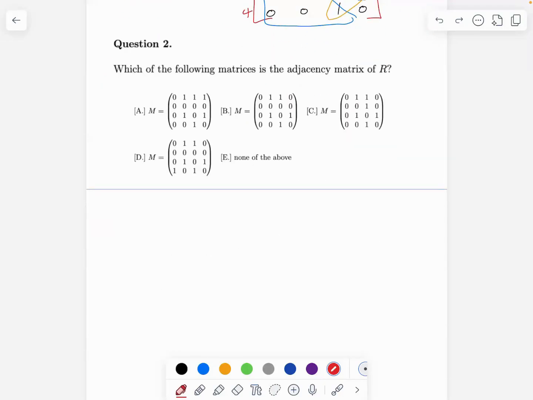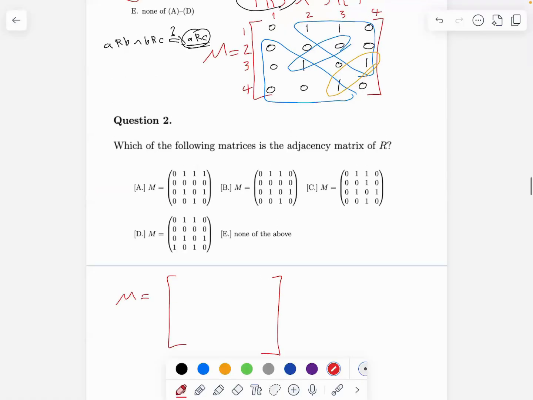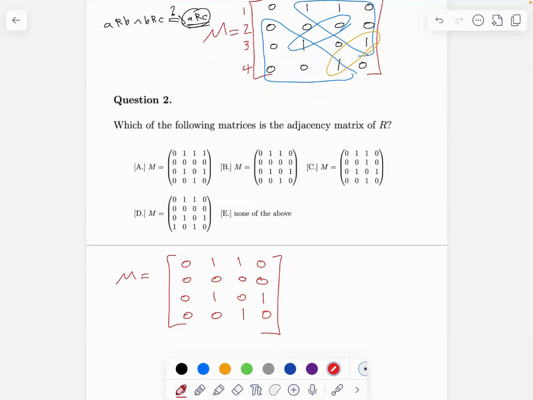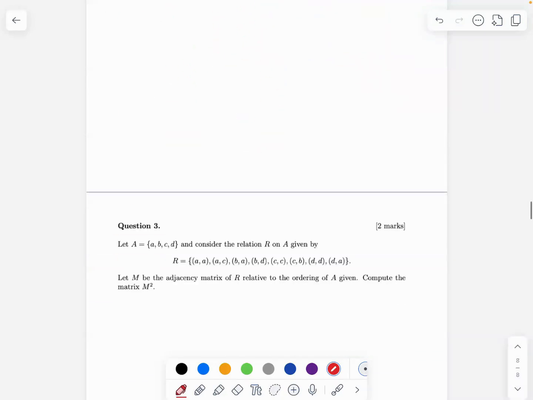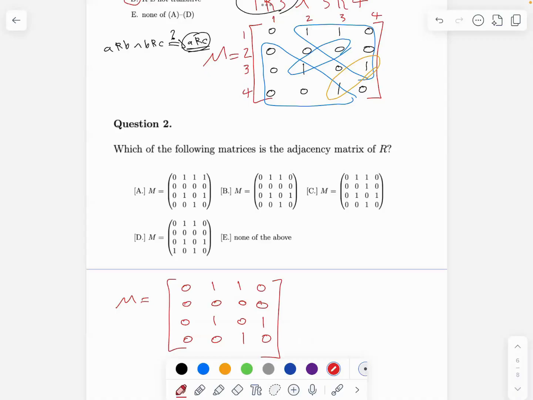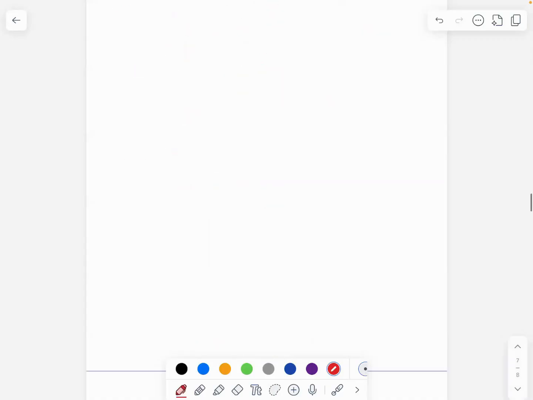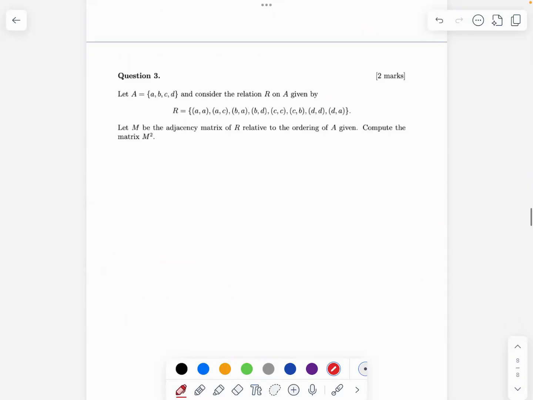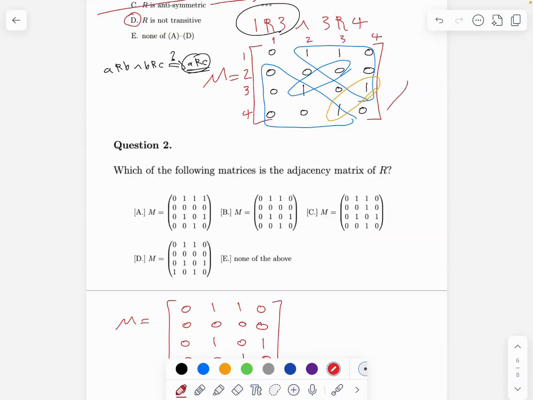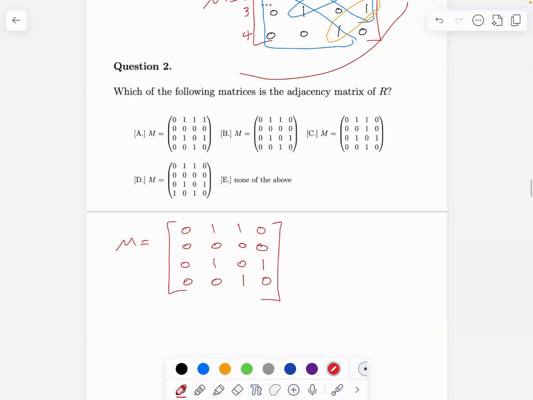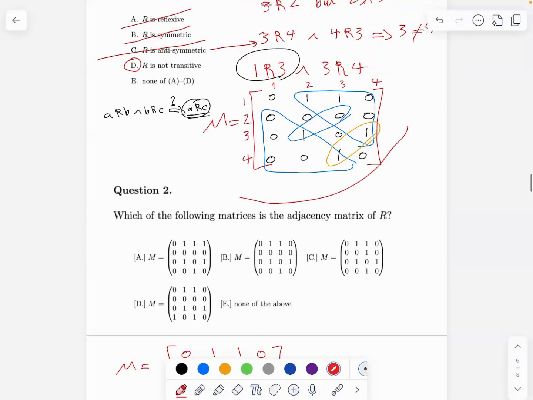Let me write this one. So 1, 1, 0, 0, 0, 0, 0, 1, 0, 1, 0, 0, 1, 0. So what's M squared? Did I remove that equation? Okay, so from here we can understand M. So 0, 0, 1.